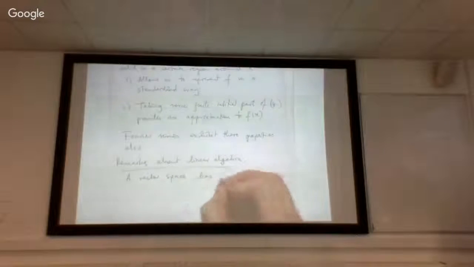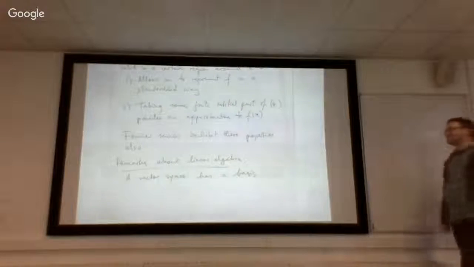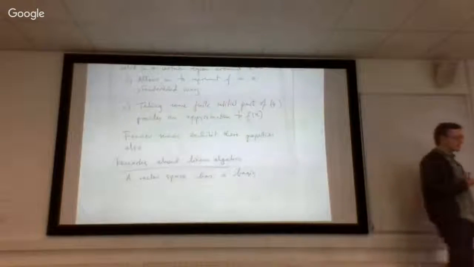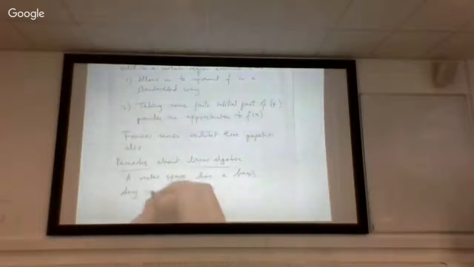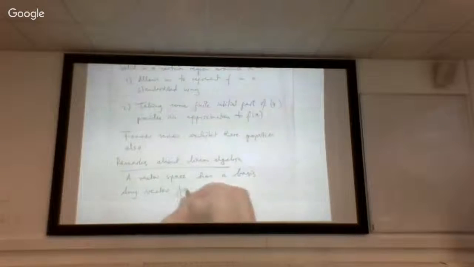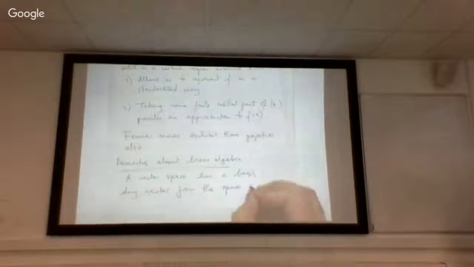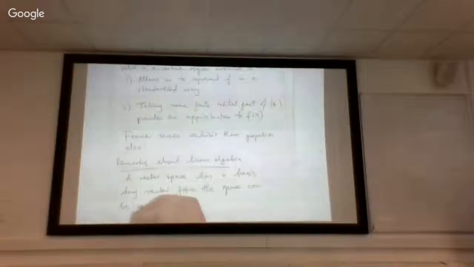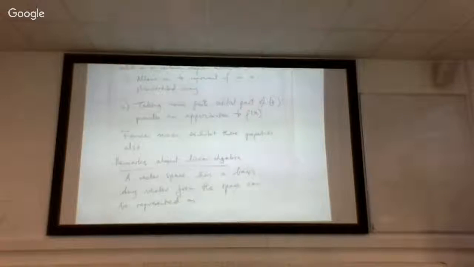Okay? So in linear algebra, we have this idea that a vector space has a basis. Any vector space has a basis, and any vector from the space can be represented as a linear combination of the basis vectors.